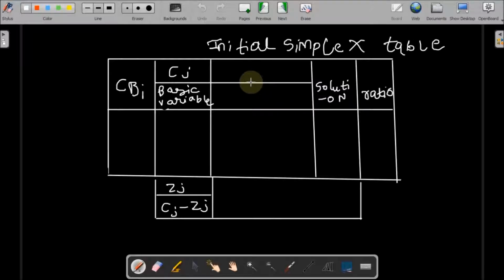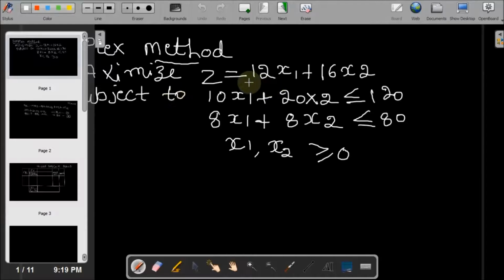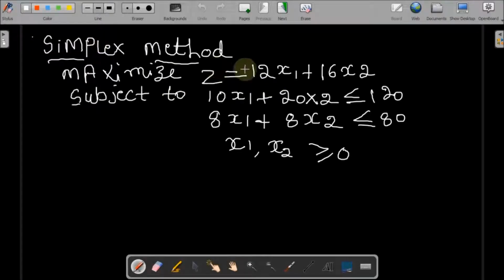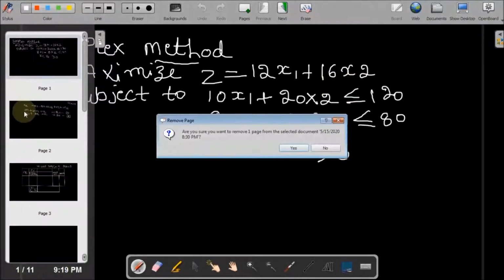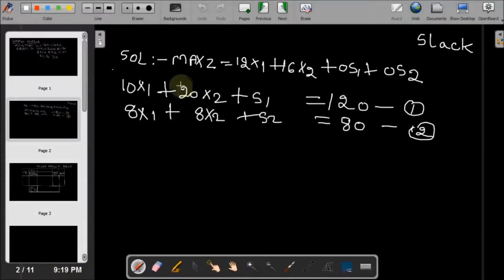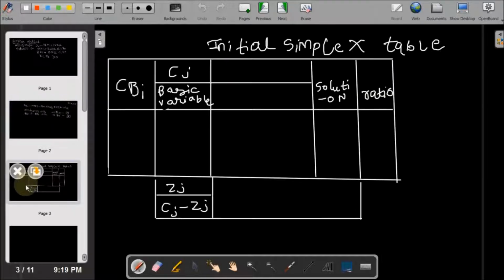Cj values are nothing but the values of your objective function, 12x1 plus 16x2 plus 0s1 plus 0s2.